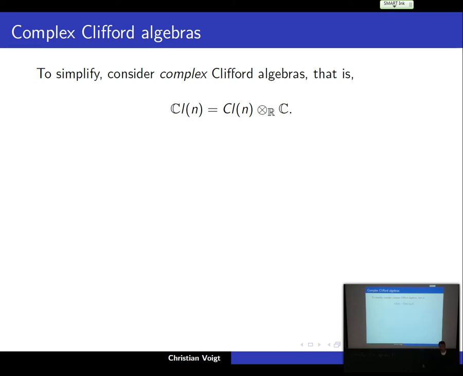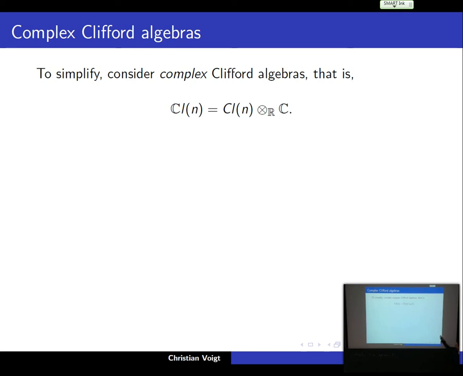In the categorified setting, you also will have such an involution, but you cannot just take the invariants, you have to be more careful. So it will simplify things a lot by working in the complex setting. So that's what we will do.